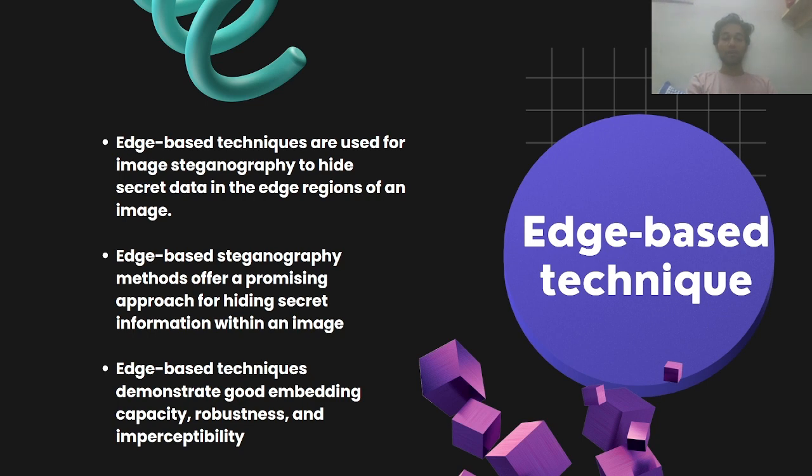Similarly, in 2019, Gupta proposed an approach using fuzzy edge detection to embed data into the edge area of a grayscale image.